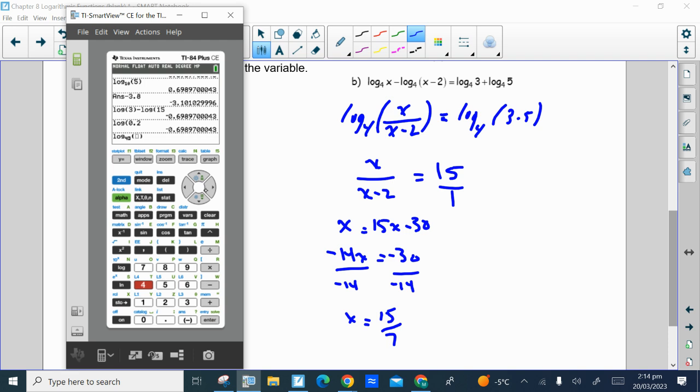So it'll be log base 4 of x, which we found to be 15 over 7, minus, again, I need log with a base of 4 of 15 over 7, take away 2. So I'm going to use another set of brackets to keep the 15 over 7 together, minus 2. So that's what the left side equals. So that should equal the right side.